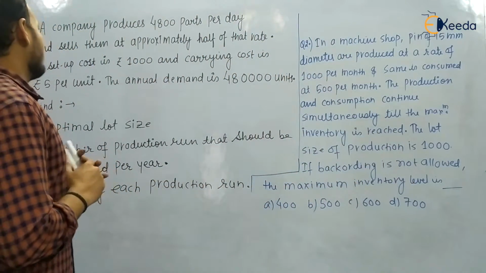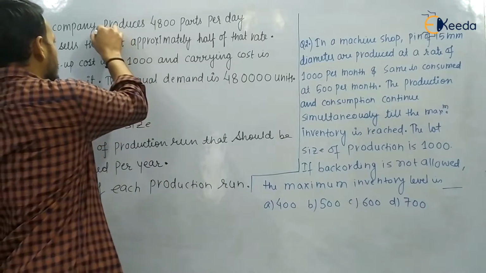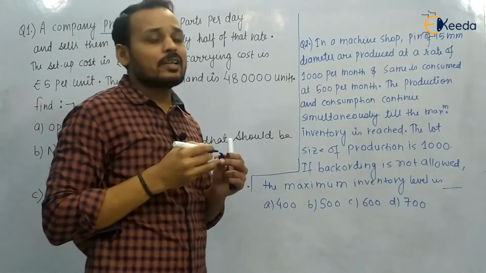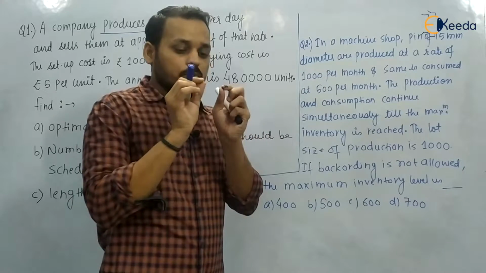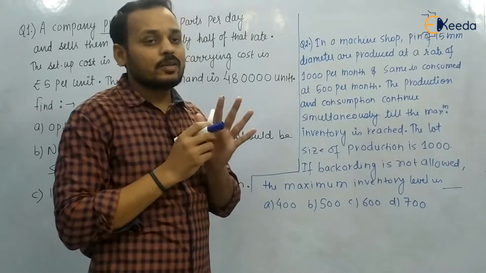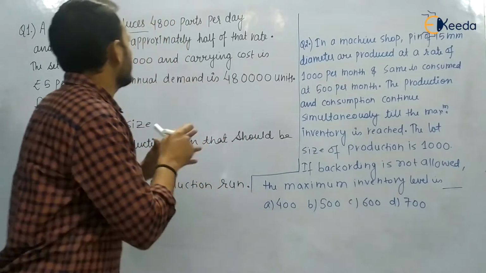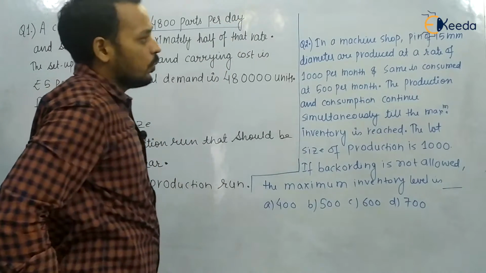It says that a company produces. The word produces indicates that we are going to produce something. Whenever the word produces or production is written, we understand that the question is from the production consumption model. It produces 4800 parts per day, so P is given.